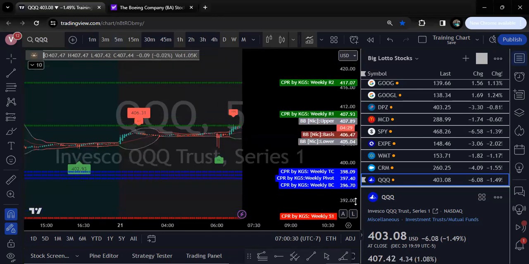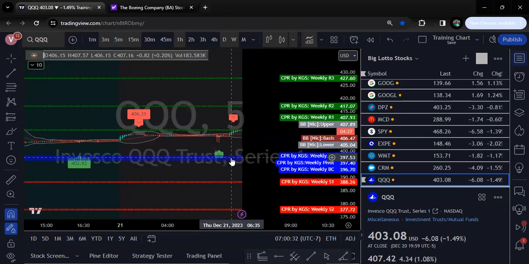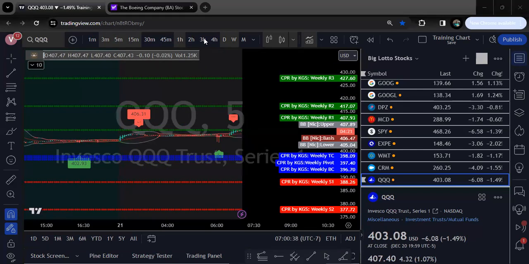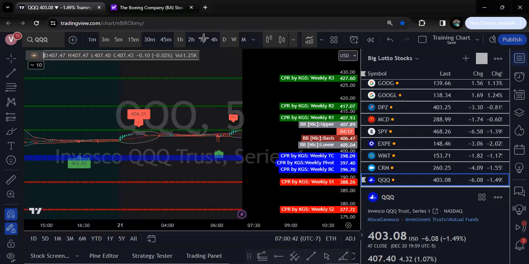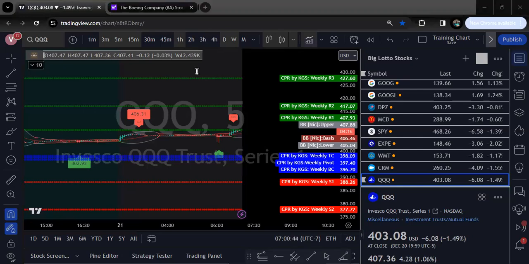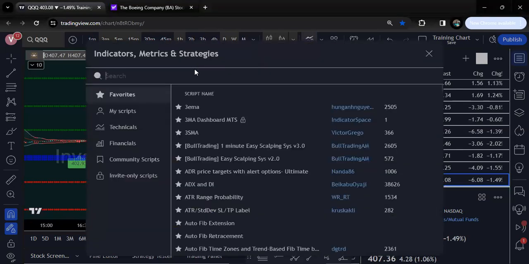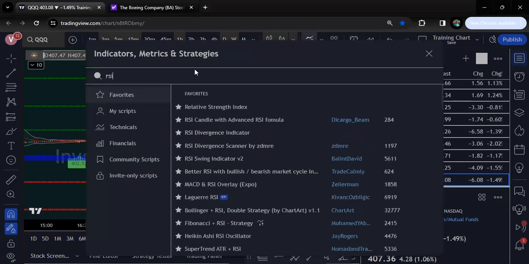And you're seeing, is it above R1? Is it above CPR? Ride it back up. But there's a danger. This RSI, I love it because it's based on RSI. It's the RSI swing indicator by David.